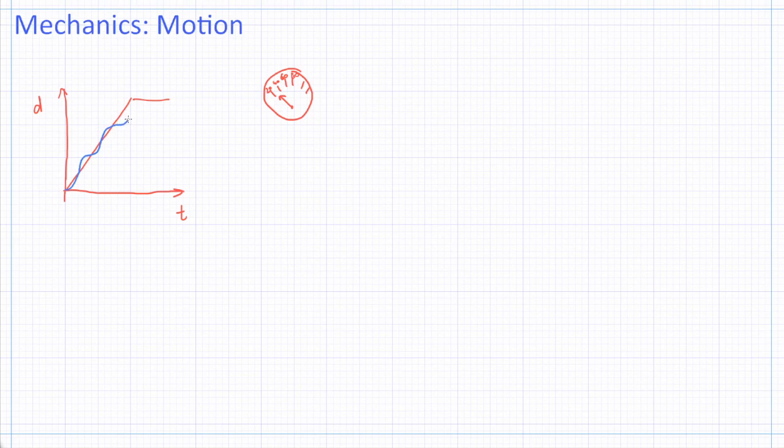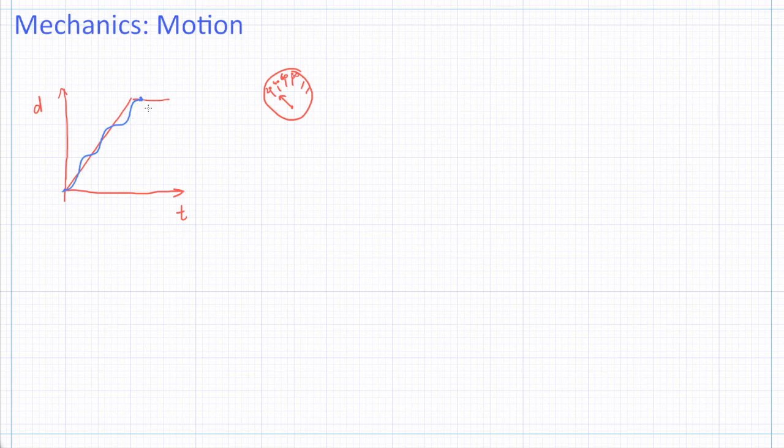It has to stop, and then it accelerates again, and then it stops. So you can see that if we take the average distance from this point up to this point, and we take the total time, the speed will be the same. This red line could be the approximation, the average speed for this blue motion of this bus.